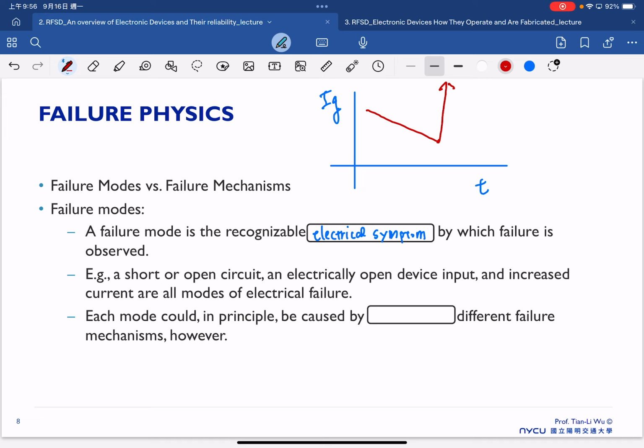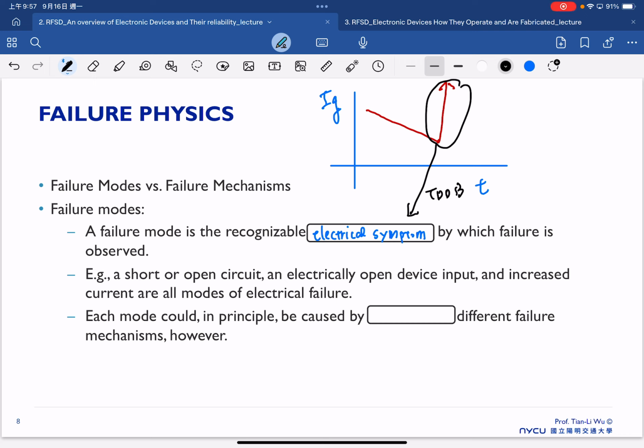That means we start to have the breakdown, and this is the electrical symptom. That's what we call a failure mode. So this is the electrical symptom for the TDDB reliability issue.